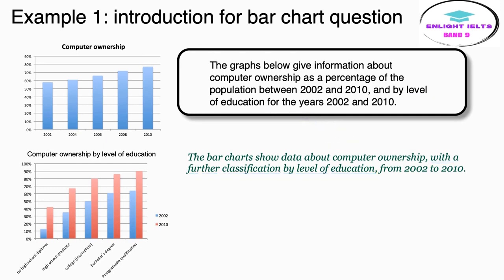Finally, when indicating a time period, instead of the original expressions between 2002 and 2010, and for the years 2002 and 2010, I simply wrote from 2002 to 2010. You can see that paraphrasing is very important for a good introduction.